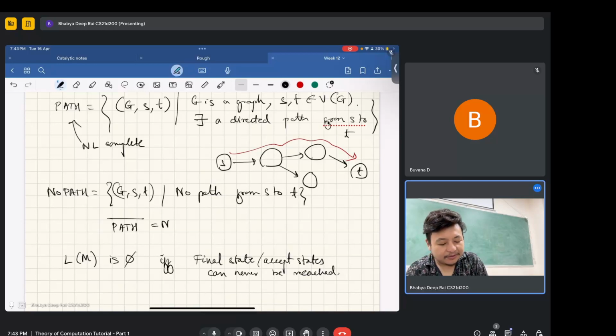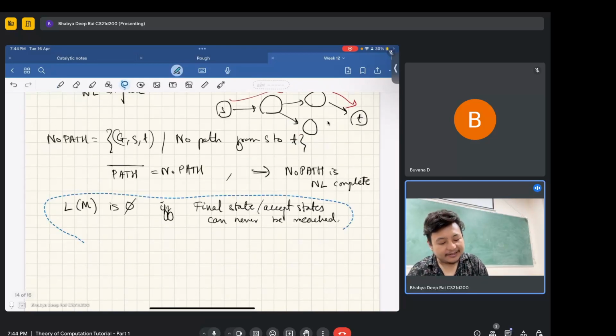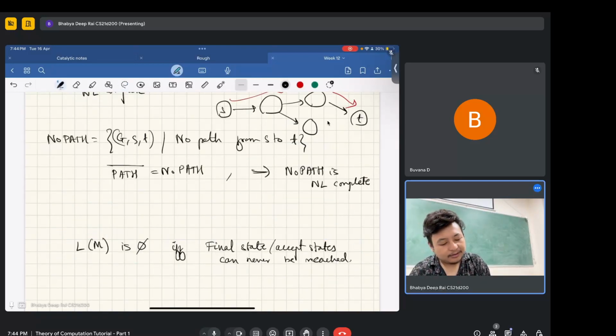Which means no path is NL complete. Why? Because NL is closed under complement, since NL equals co-NL; the complement belongs to the same class and is complete also.